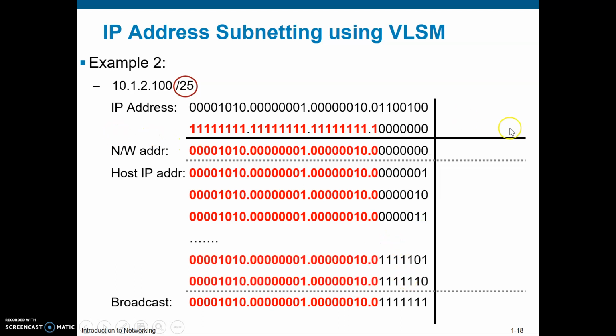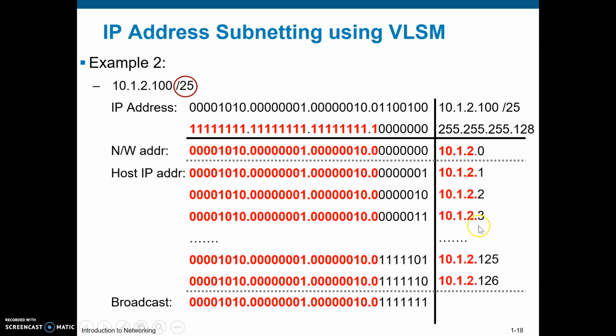Convert them back to decimal and you'll get the IP address, the subnet mask, the network address, the first host address, and so on, until you reach the last host address just before the broadcast address. This is the range of host IP addresses that you can use in this particular network.